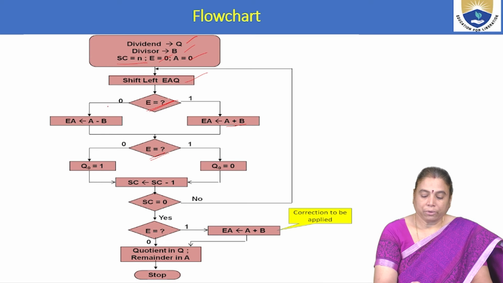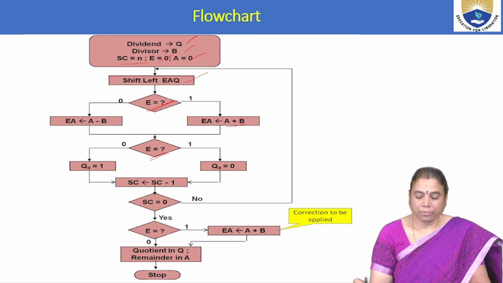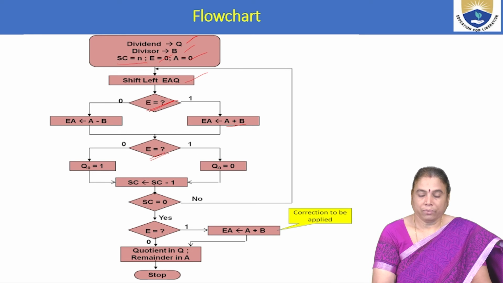If E is 1, the value is negative and Q0 is 0; if it is positive, Q0 is 1. SC is decremented, and the sequence counter value is checked to see whether it has reached the number of bits or not.